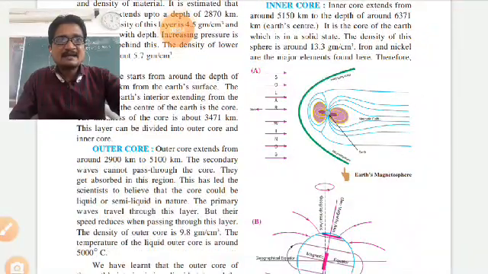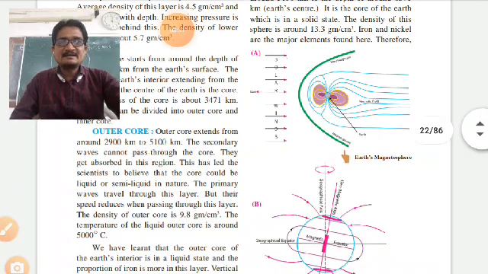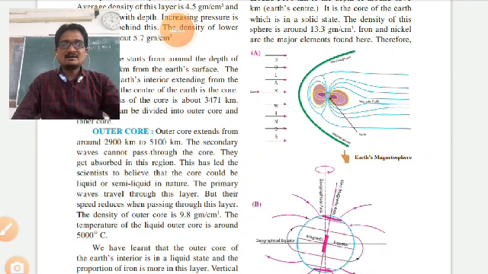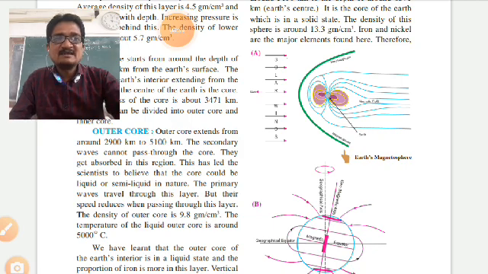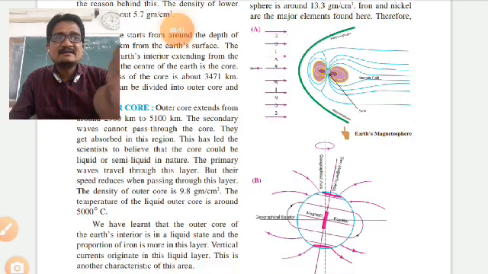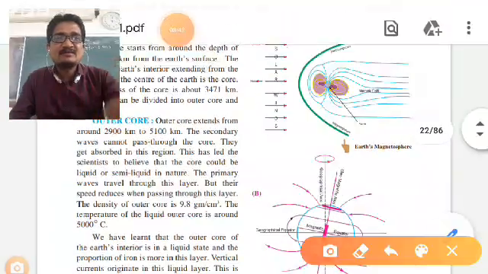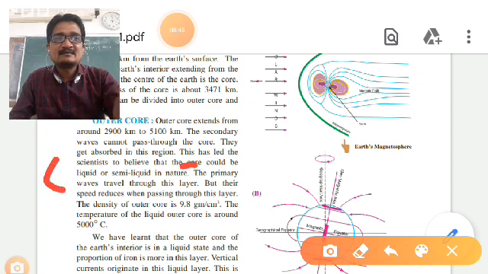Outer core extends from around 2900 kilometers to 5100 kilometers. The secondary waves cannot pass through the core, they get absorbed in this region. This has led scientists to believe that the core could be liquid or semi-liquid in nature. Again, this is second point for you: liquid or semi-liquid.